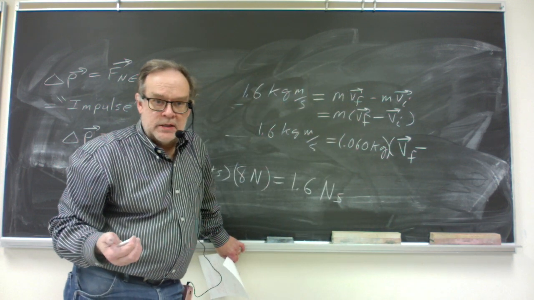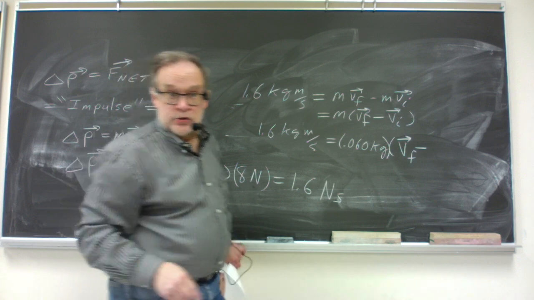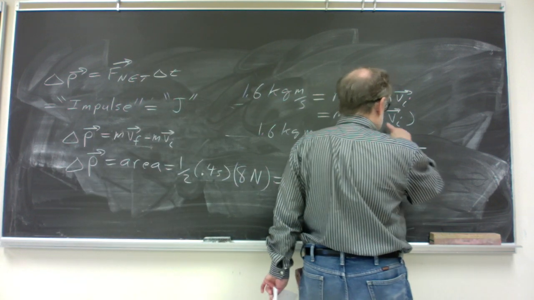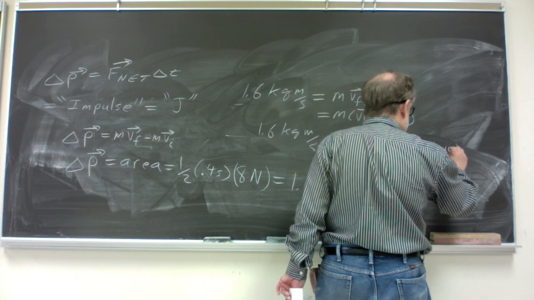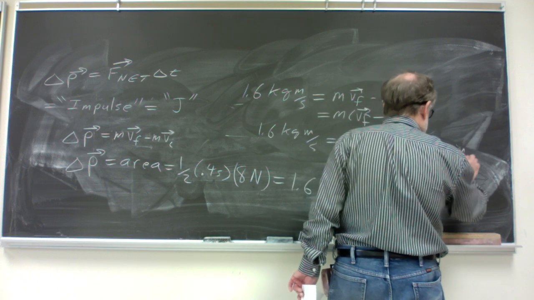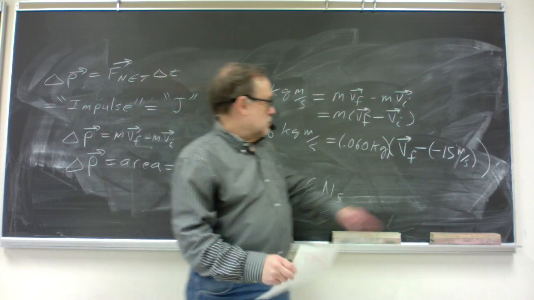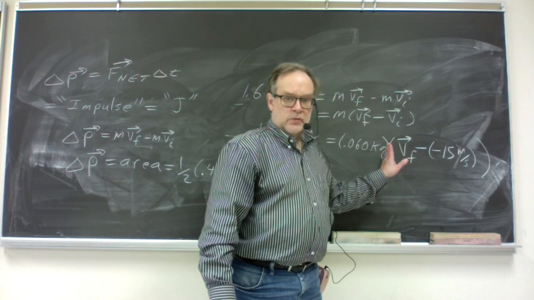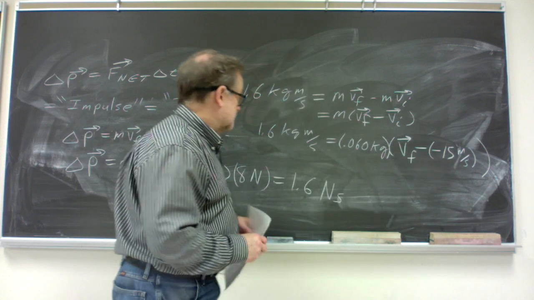The initial velocity was 15 meters per second in the negative direction, don't forget the sign, so minus the initial velocity, which is minus 15 meters per second. So inside this parentheses, you really have V final plus 15 meters per second.